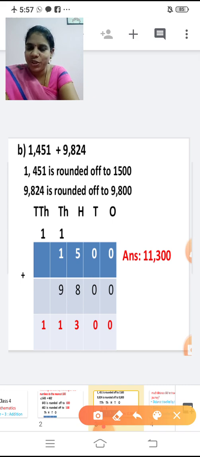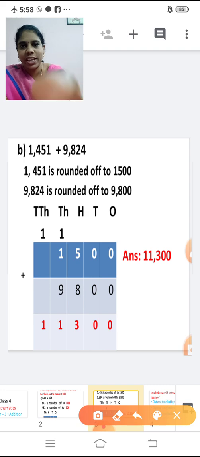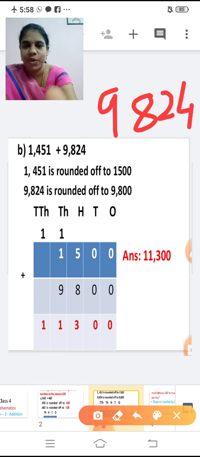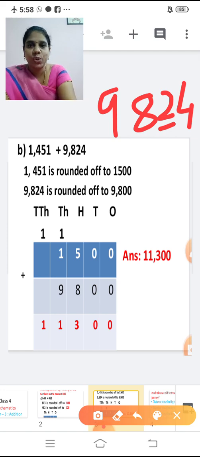1451 is rounded off to 1500. Now take the number 9824. Round off this number to the nearest 100. So see the digit at the tens place. It is 2. As it is less than 5, what do you have to do?